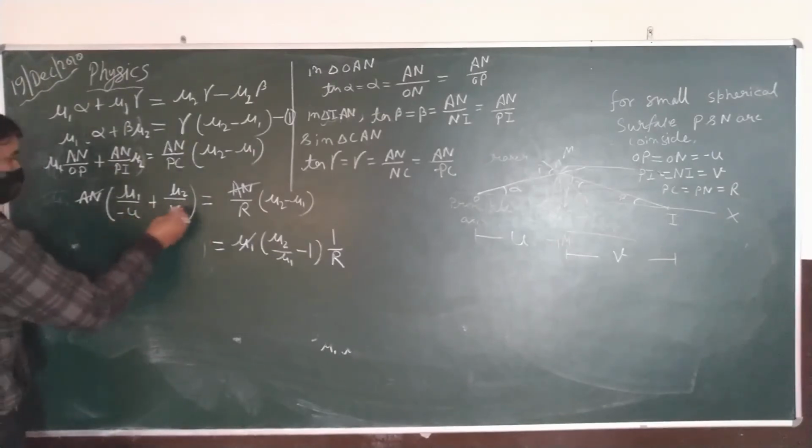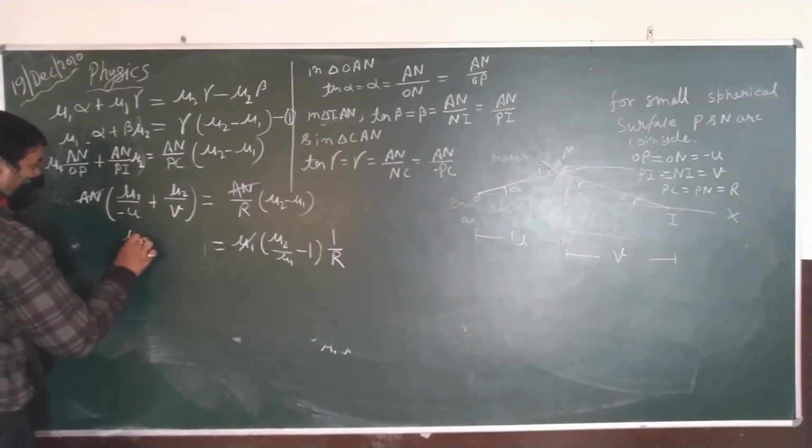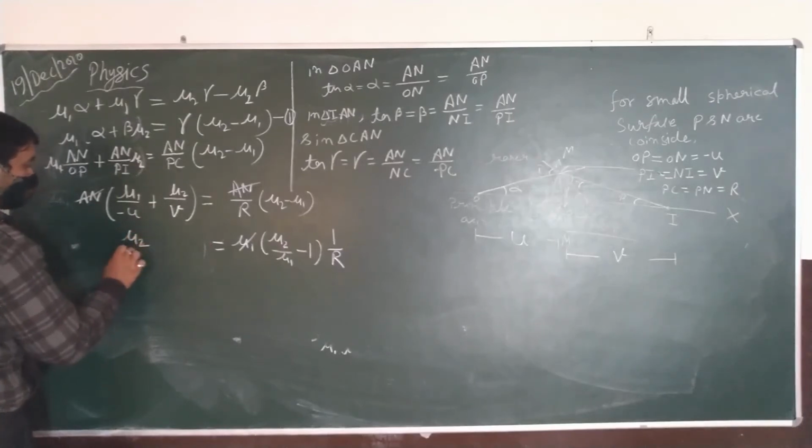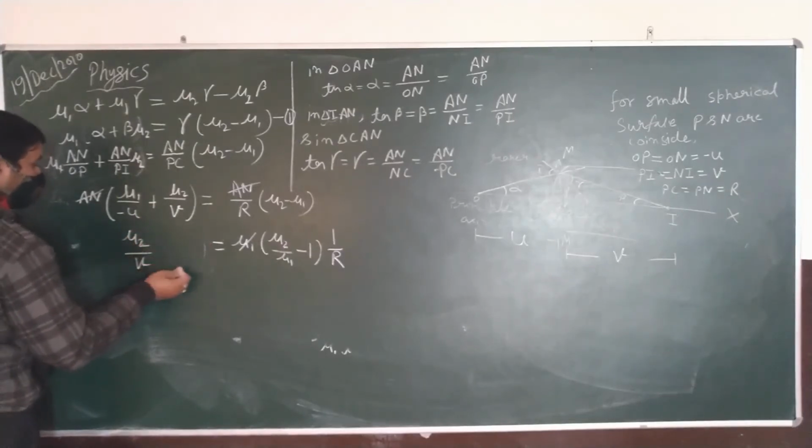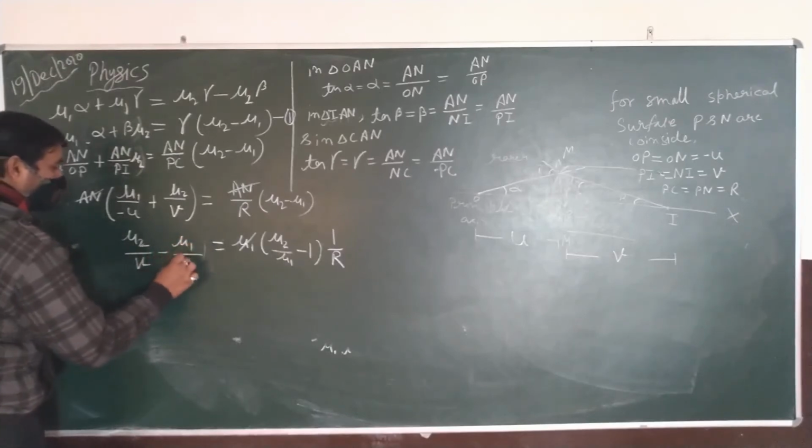From this line we get mu2 upon v minus mu1 upon u.